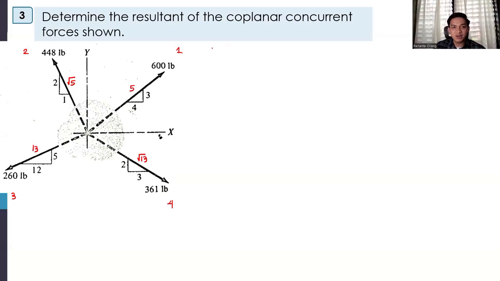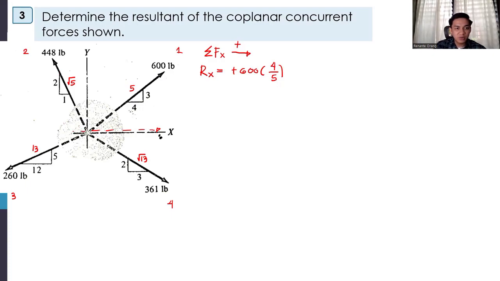So let's start solving our forces. We have the summation of forces in the x-axis where all right side forces are positive. To get Rx, that is equivalent to, let's start with force 1, which is going to the right. So this is positive 600 multiplied by the horizontal side, which is 4, divided by our hypotenuse 5.